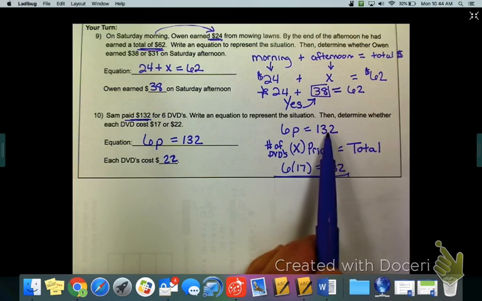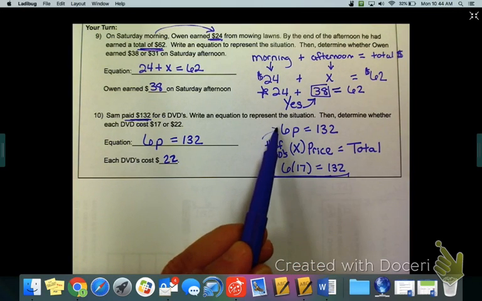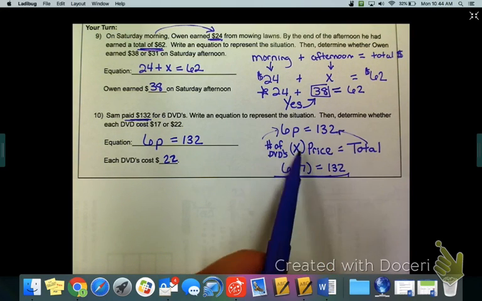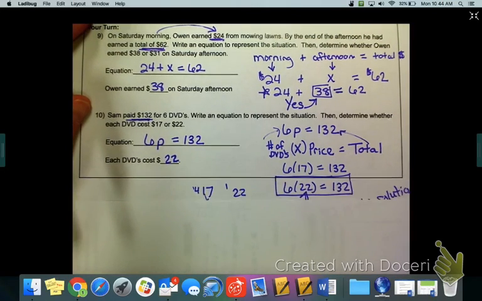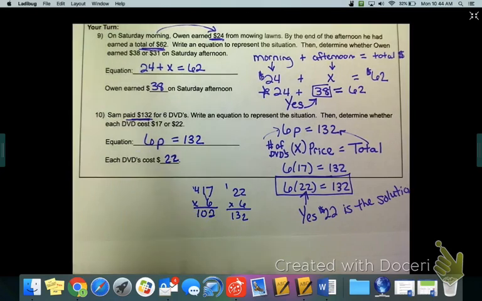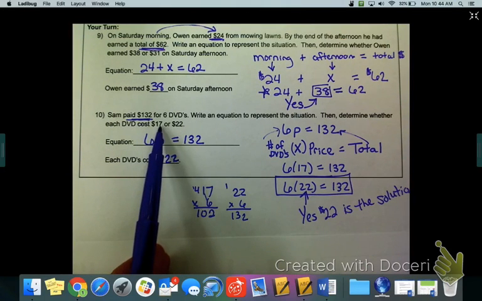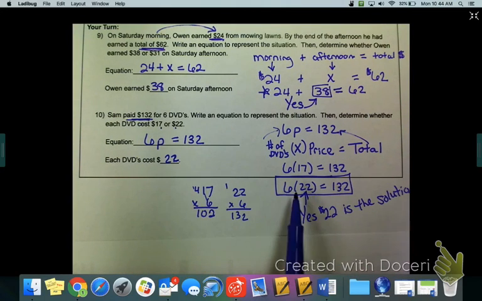So I plugged my numbers in. Here's the number of DVDs, here's the total. The part I don't know is the price. So then I had to plug in to see which one was a solution. Is it going to be $17 or $22? So I wrote this one out and I said 6 DVDs, and they each cost $17.